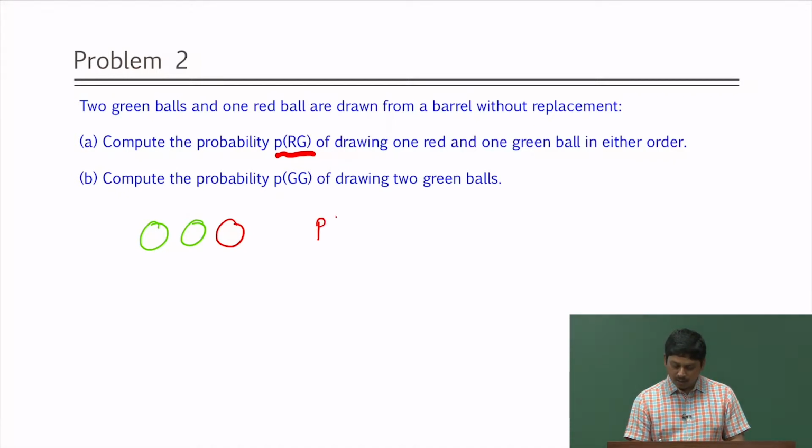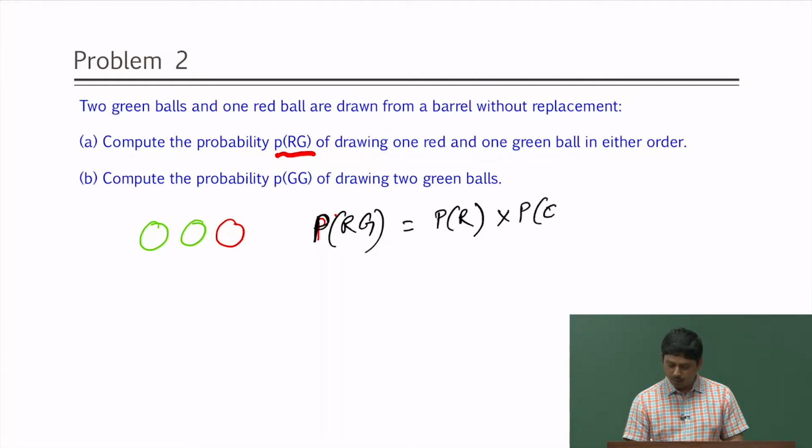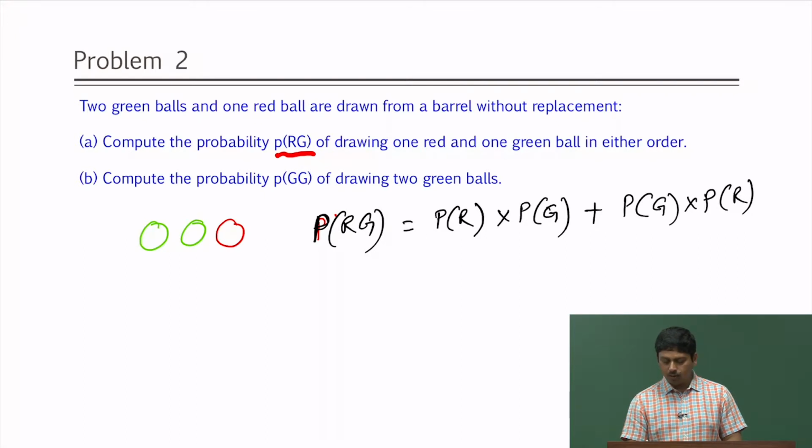So, PRG therefore will be PR multiplied by PG, which is an AND probability, plus PG multiplied by PR. So, either order: R followed by G and G followed by R. Now, what is the probability of drawing a R? That is 1 by 3.